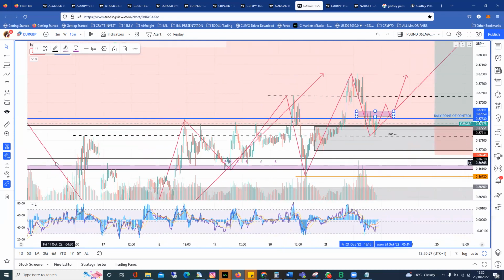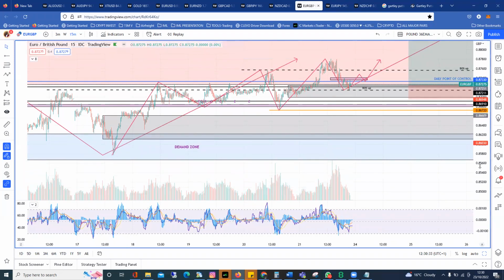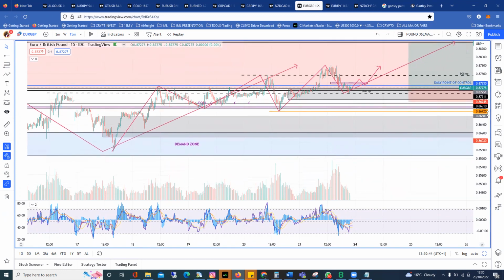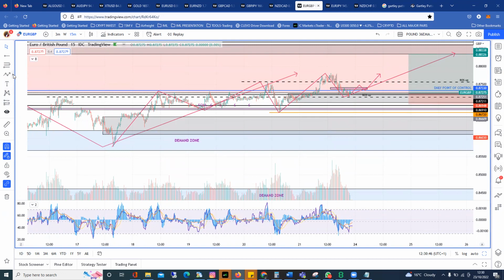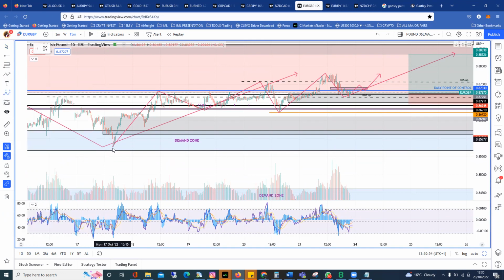If we look at this wave, this particular swing, we can equally see that this is a potential swing of 0 to 1, 1 to 2. We are looking for 2 to 3. That 2 to 3 wave is a very significant wave to be part of, and it will make a lot of difference in your trade, because the majority of the time it is the most extensive wave.